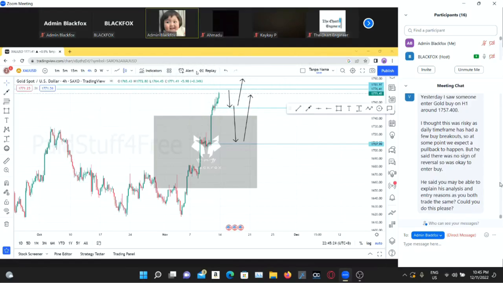What he means is the confirmation at the lower time frame: there is no price action for breakout to the downward side. So he just holds his position, because the storyline is currently buy on H1 yesterday. Is that clear?